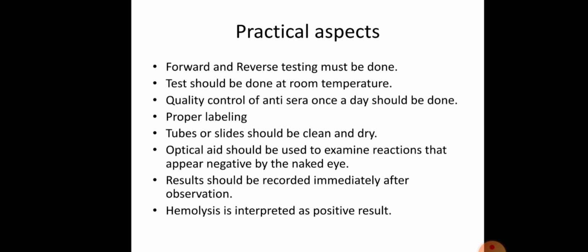Optimal aid should be used to examine reactions that appear negative by the naked eye. We observe the result macroscopically, by the naked eye, and microscopically with the help of a microscope, to see whether there is agglutination or not. Accordingly, we write the result. If there is hemolysis or agglutination, it is considered a positive result.